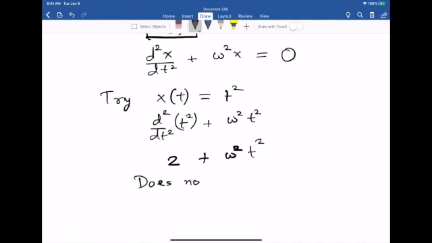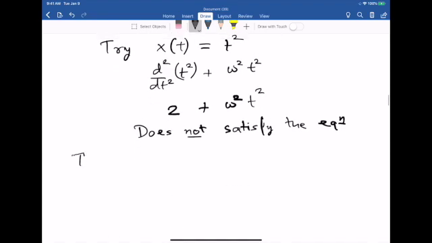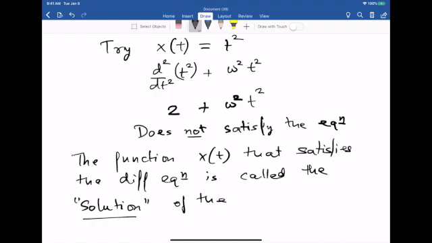So it does not satisfy the equation. This just shows you that there is a particular function x of t which satisfies the equation. The function x of t that satisfies the differential equation is called, and this is just mathematical terminology, the solution of the differential equation.